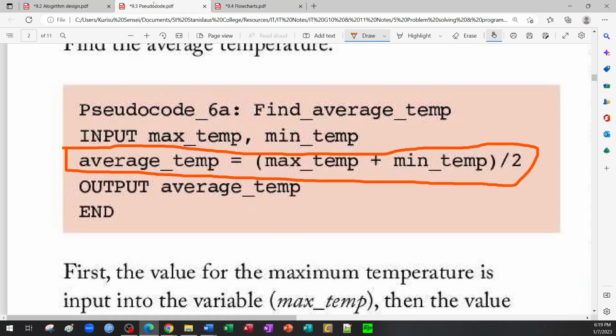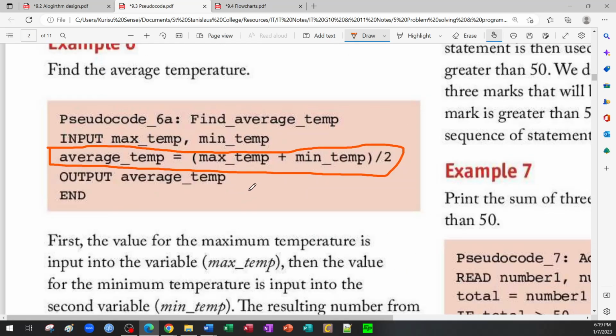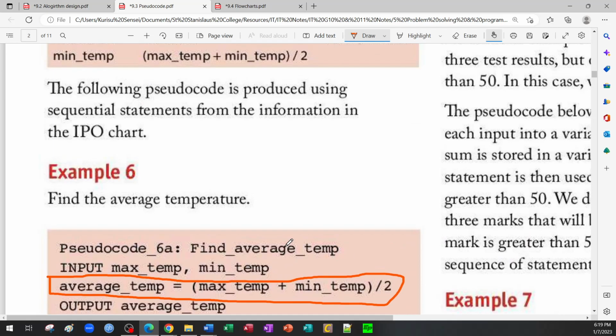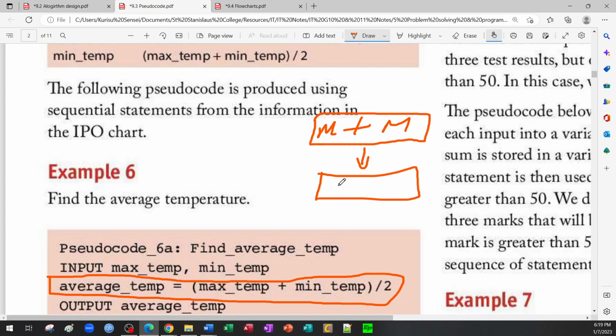Like for instance, if we take this example here, let me find an open area, we could do one symbol like this here, one process symbol. We do max temp plus min temp, and then we do a flow line, and we come down here and we say that result divided by 2, and then we come down and then we output that.